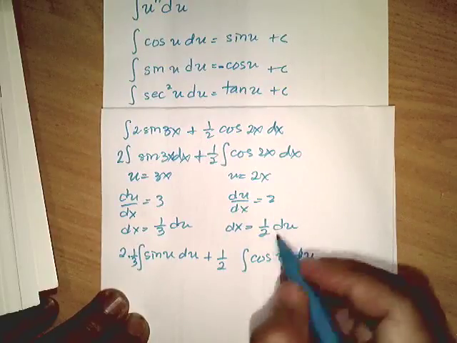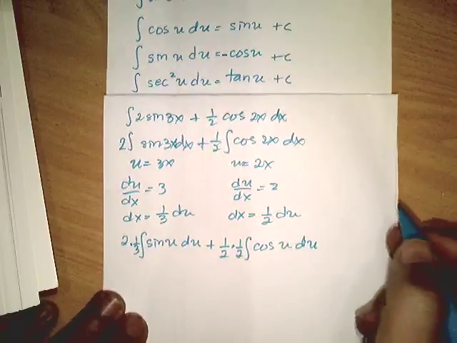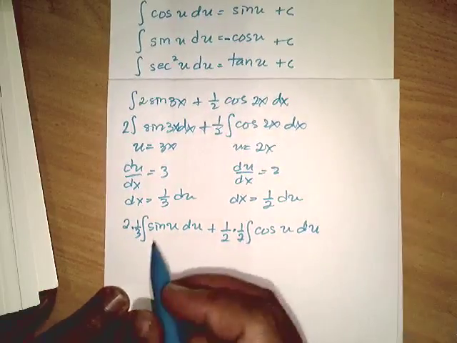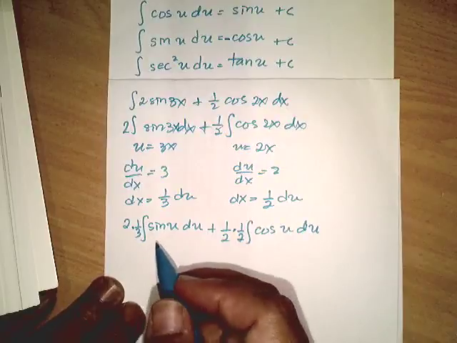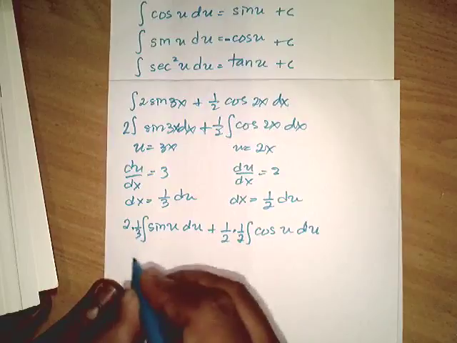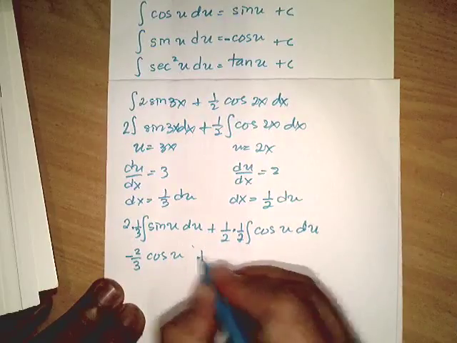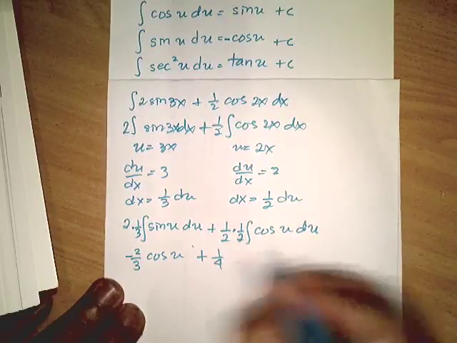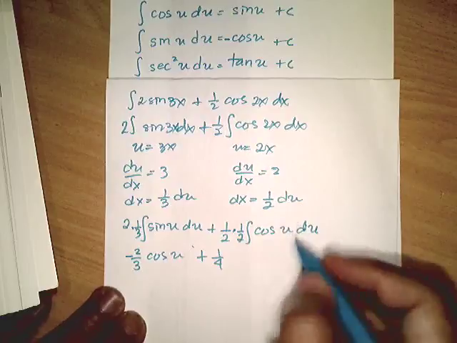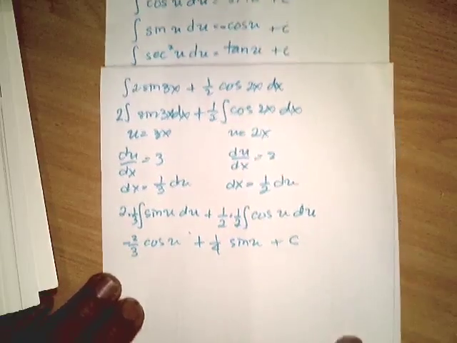Your dx is 1/2 du, so I'll multiply this by 1/2 there. The integral of sine is negative cosine, so this one will be equal to negative 2/3 cosine u plus 1/4. The integral of cosine is sine u, plus some c.